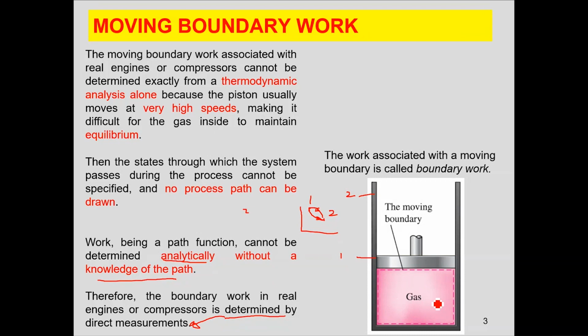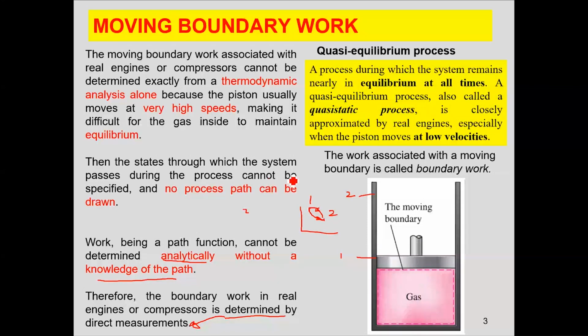That means the pressure within the system is uniform throughout and there is no pressure gradient within the system. This takes place in a quasi-equilibrium or quasi-static process, and real engines approach a quasi-equilibrium, quasi-static process at low velocities.